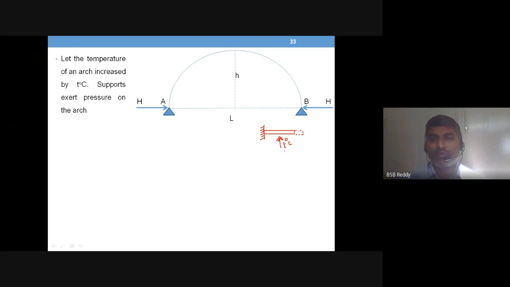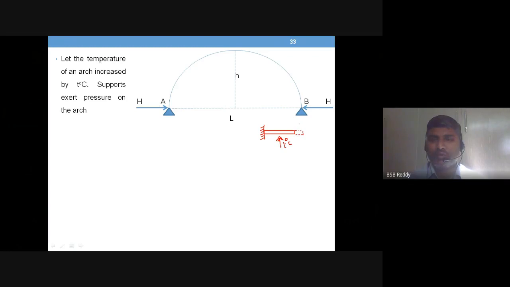Hence no temperature stresses develop when any free expansion is possible. Got it? So that is what you have to observe when any member's temperature is changed by some T degrees centigrade. If it has restraints against change in dimension, then only you expect stress development.